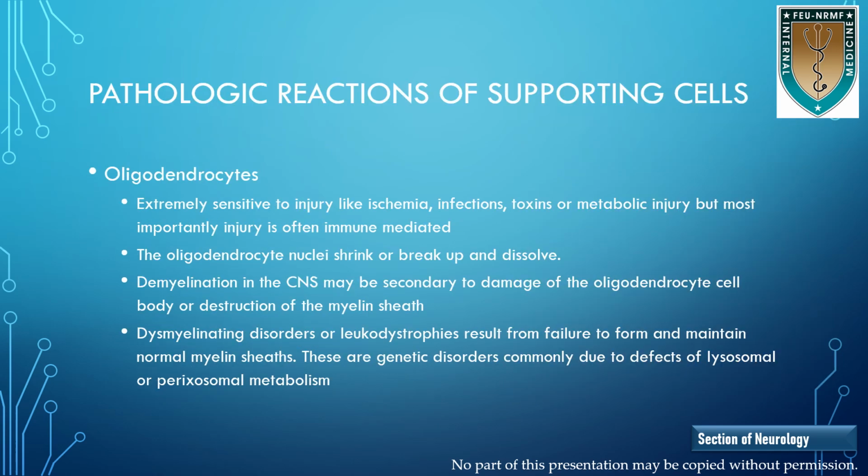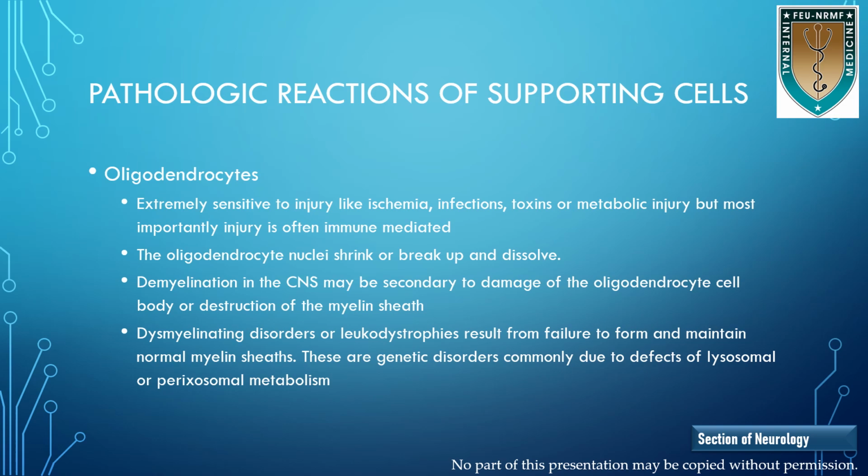The oligodendrocytes are extremely sensitive to injury like ischemia, infections, toxins, or metabolic injury. But most importantly, it is caused by immune mediation. The oligodendrocyte nuclei shrink or break up and then dissolve. Demyelination in the CNS may be secondary to damage of the oligodendrocyte cell body or destruction of the myelin sheath.